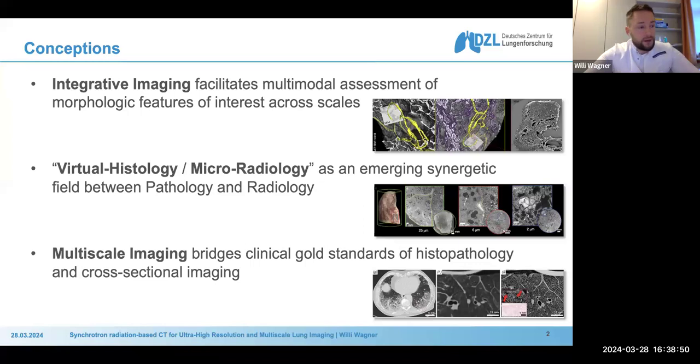I think in the future machine learning and AI will be used to artificially stain the synchrotron images and therefore allow the pathologist to also understand and read those CT scans, because I, as a radiologist, am used to reading CT scans, but the pathologists aren't. They are at home at this scale. I'm not at home at synchrotron resolution scale.